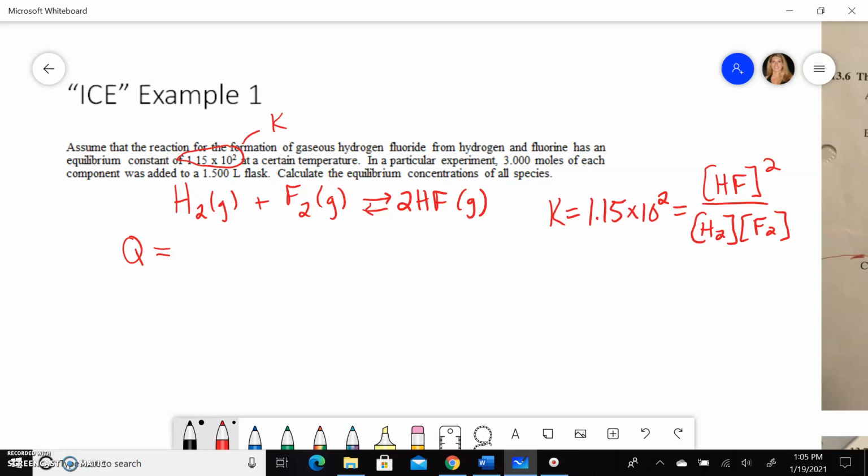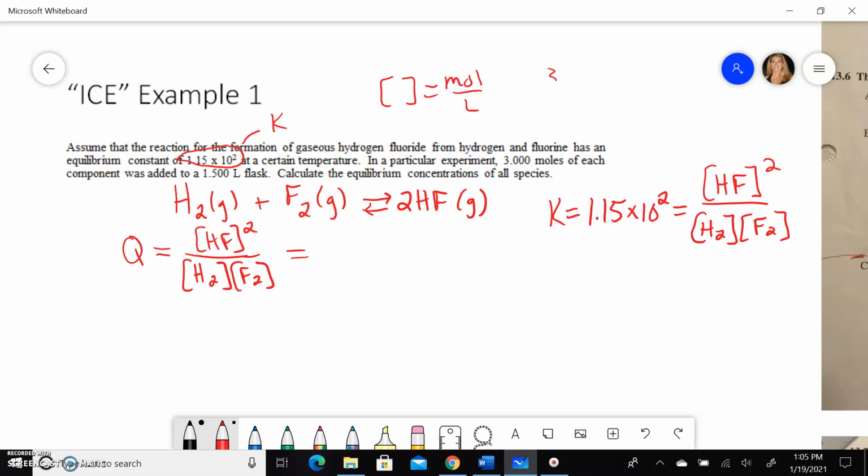So we're going to go ahead and set up Q the same way we set up K. So we have the concentration of HF squared over the concentration of hydrogen times the concentration of fluorine. And we can go ahead and set these up, but notice that brackets means concentration, and that means moles per liter.